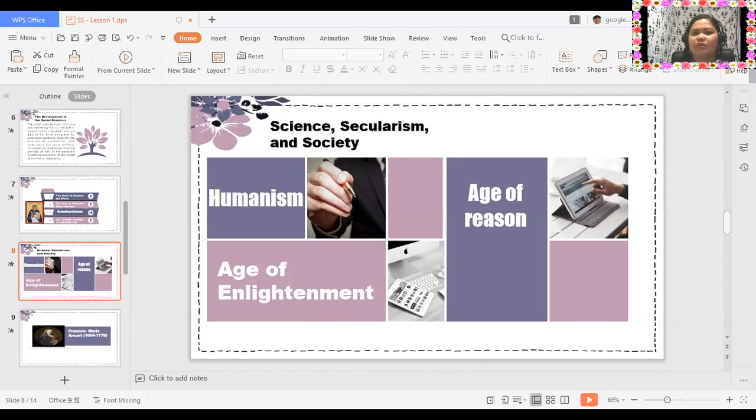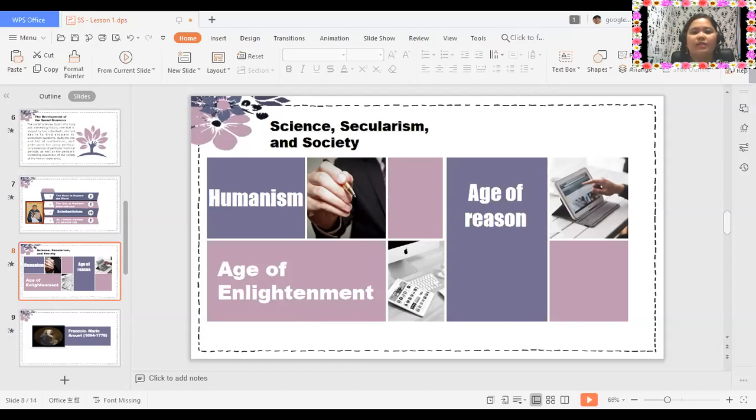It also affirms the dignity and worth of all people. It advocated secularism, distance from religion, and rejected the supernatural and belief without reason. So this is humanism. Most likely, we humans don't believe in something without reason, without basis, and without facts.